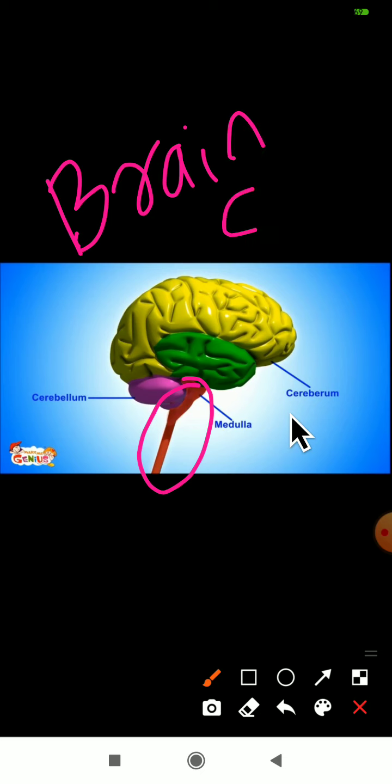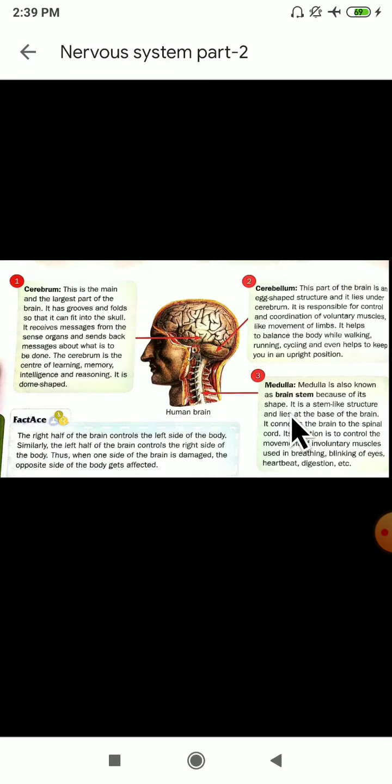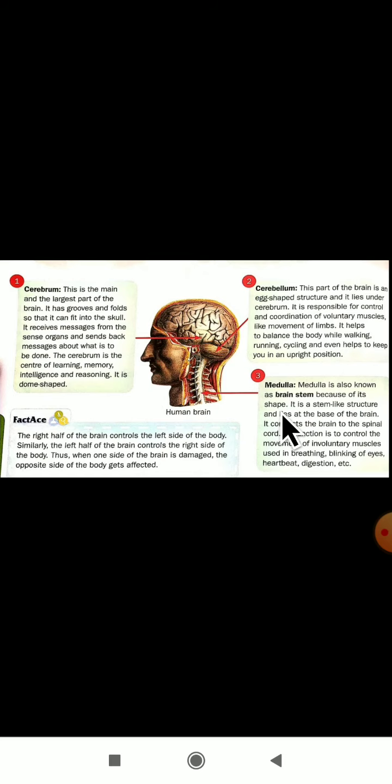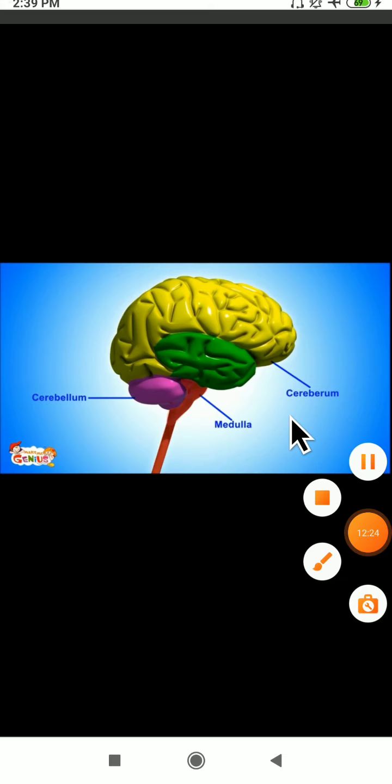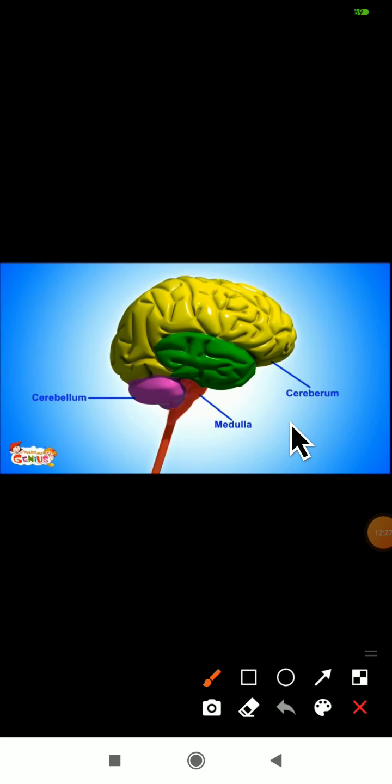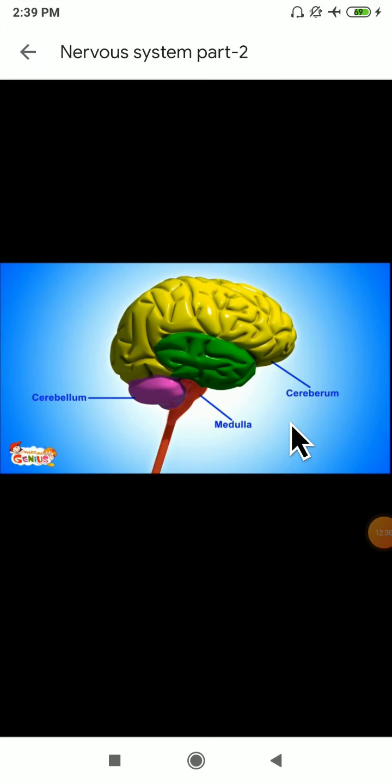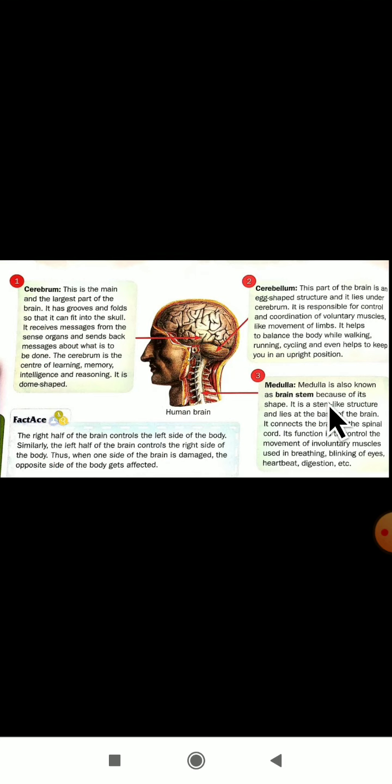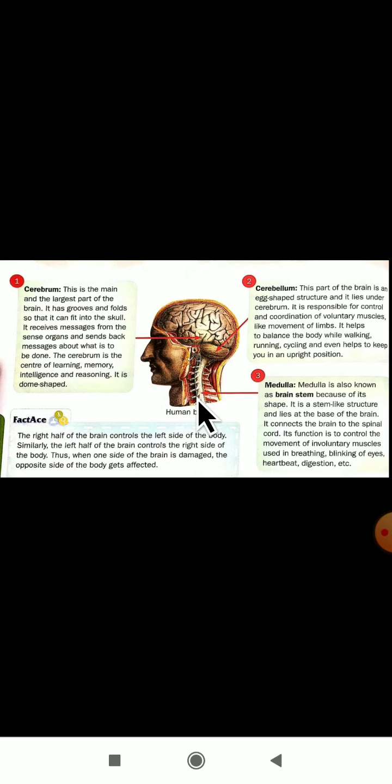Because of its shape. It is like a stem-like structure. So we call it a brain stem because of its shape. Why is the medulla also known as the brain stem? Because of its shape.